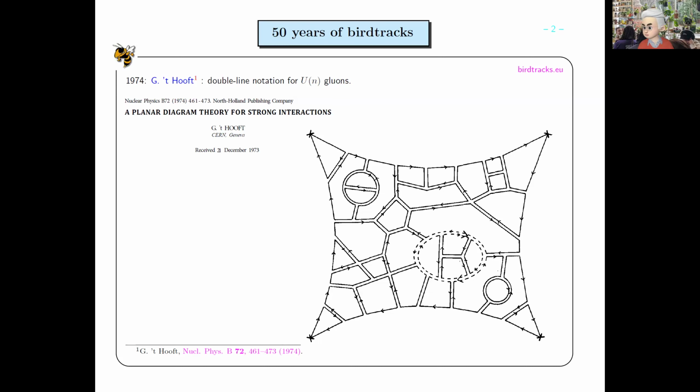This was published in April 1974. So I'll take this as the birth of Birdtracks 50 years ago.